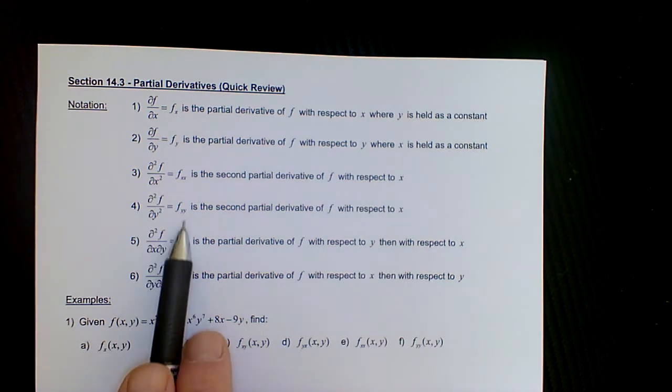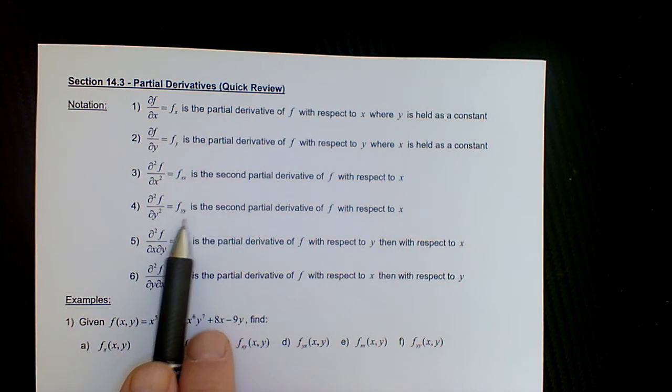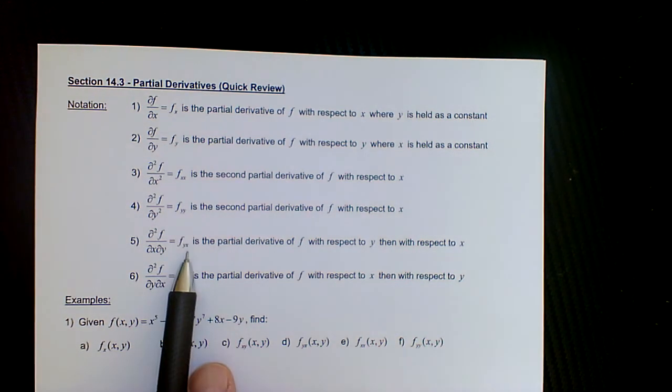Then there's second order partials: derivatives with respect to x twice, with respect to y twice, and then our mixed partials, with respect to y then with respect to x, and this is with respect to x and this is with respect to y.